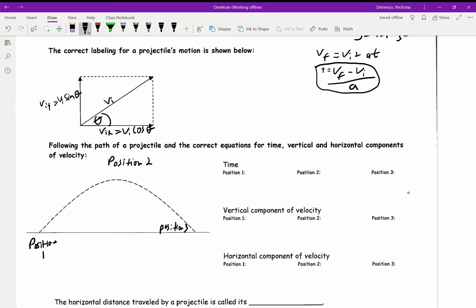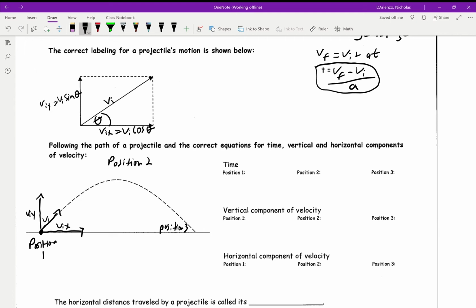So if we consider, let's say, a golf ball being projected with some initial velocity, we can look at the vertical component of the velocity. We can look at the horizontal component of velocity.